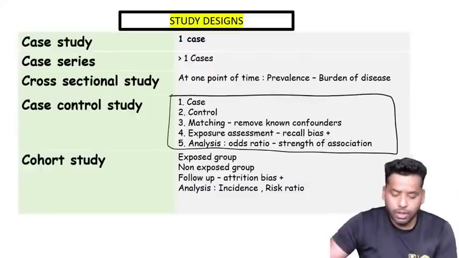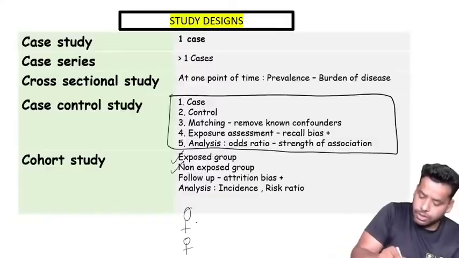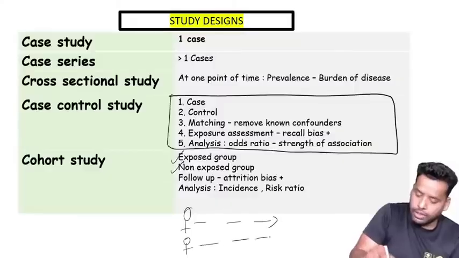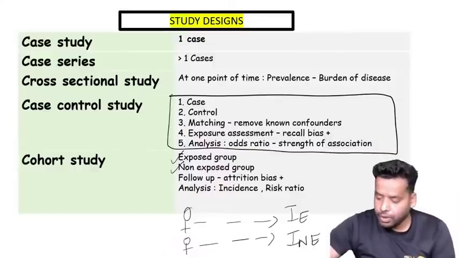Yes, good. Now if the study is like this: smokers, non-smokers. You are going in a forward direction. You are calculating incidence in exposed, incidence in non-exposed. Doing follow-up.